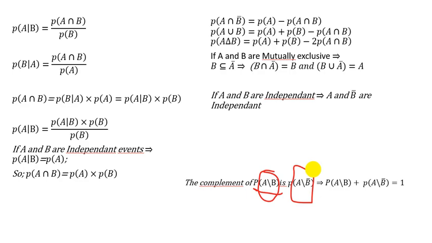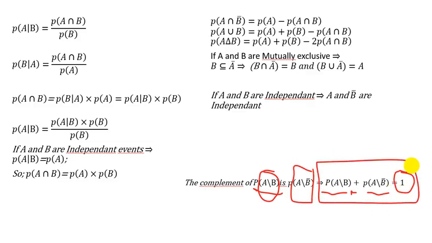In other words, the probability of A given B plus the probability of A given B bar is 100%, or it is 1.